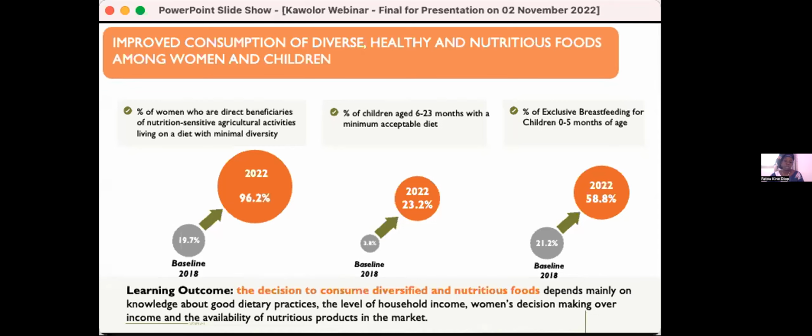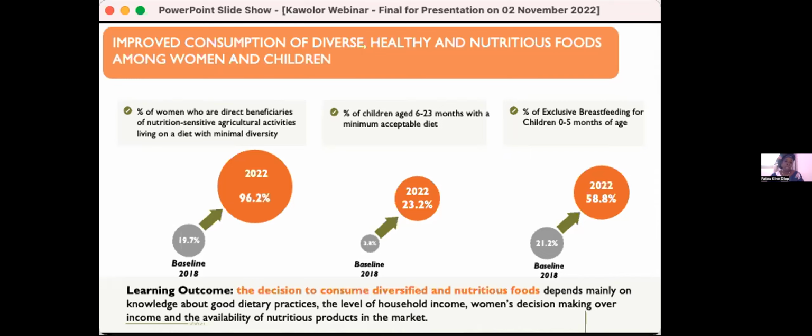But at the end line this year, we almost have all the women with minimum diversity, with more than 96%.